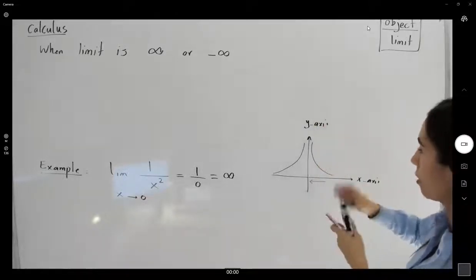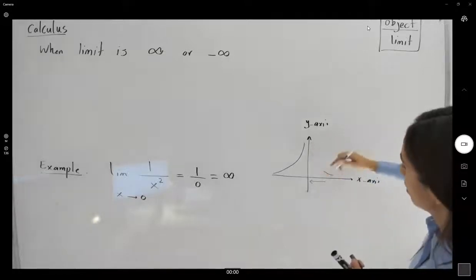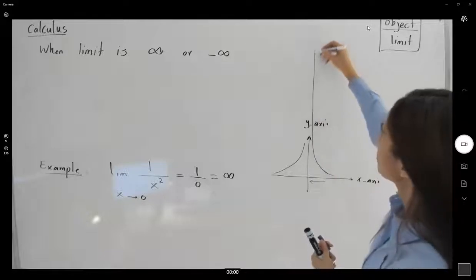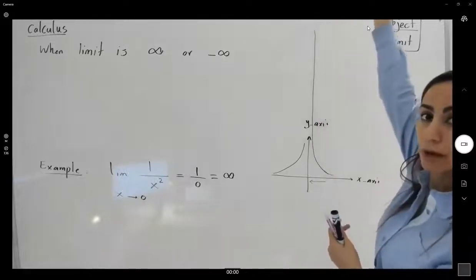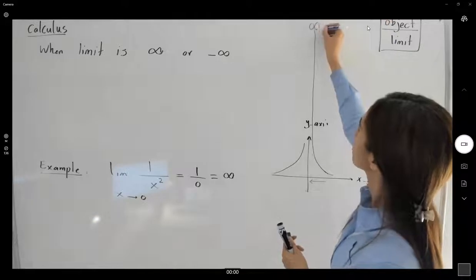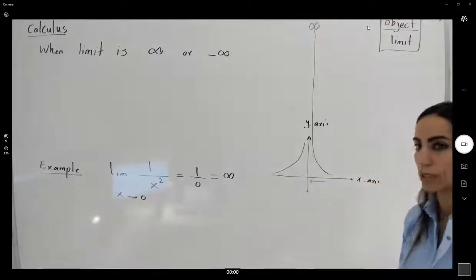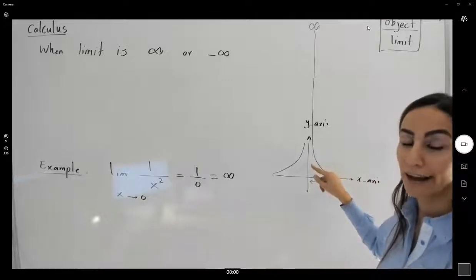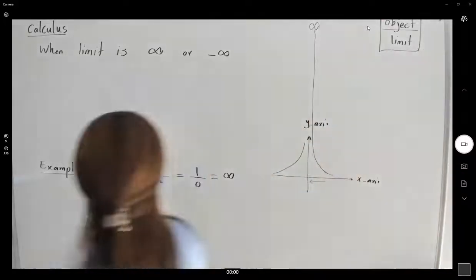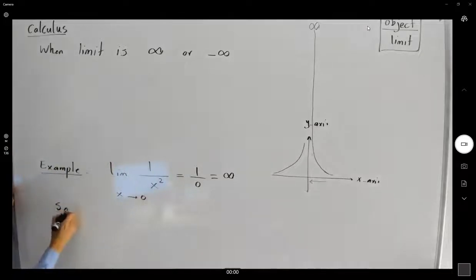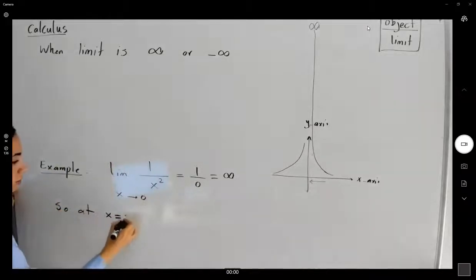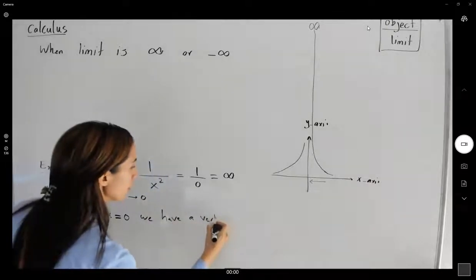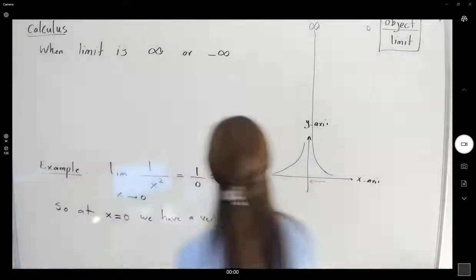My y continues non-stop. My y keeps going to what number? To positive infinity. So it means that you have a vertical asymptote at 0. So at x equal to 0, we have a vertical asymptote.